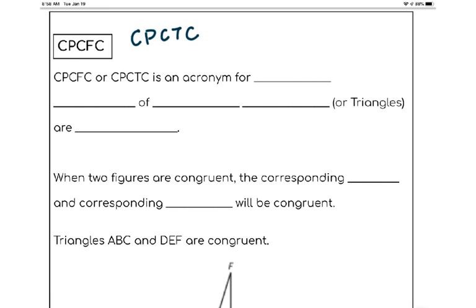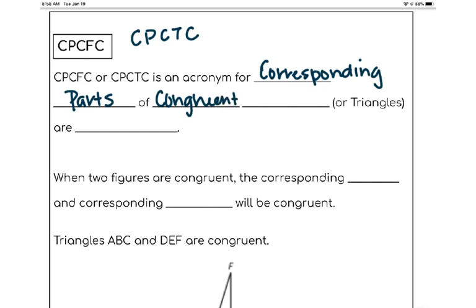CPCTC is an acronym for corresponding parts of congruent triangles are congruent, and we'll talk about what we mean by corresponding in a moment.